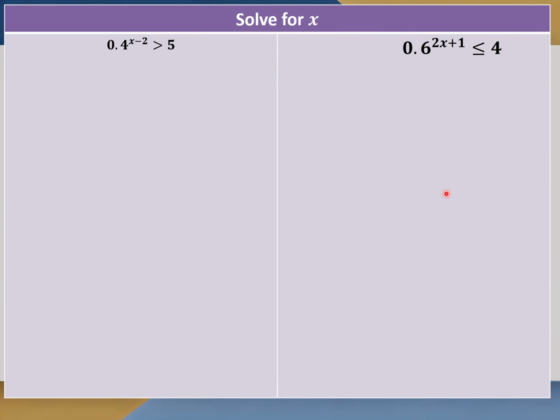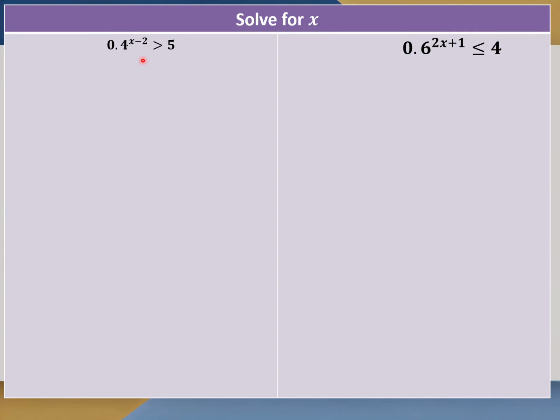0.4 to the power of x minus 2 is greater than 5. Okay, so with this question of 0.4 to the power of x minus 2 is greater than 5, we are going to use the log relationship.